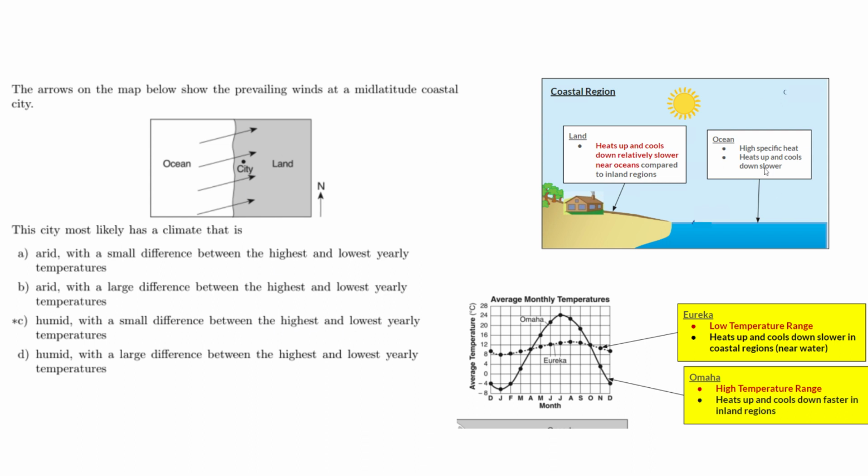The water heats up and cools down slower, and so does the land next to it compared to inland places, right? The land will still heat up and cool down faster than the ocean, but right now we're comparing land that's next to the ocean versus land that's not. And remember, highest and lowest yearly temperatures, if we have a small difference, that means we have a low temperature range, kind of like this.